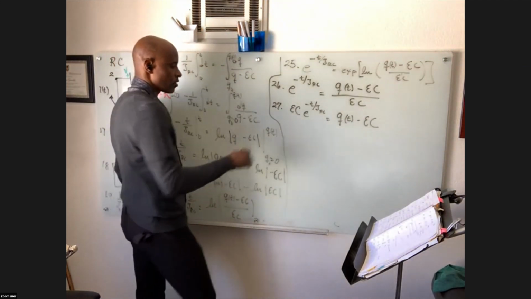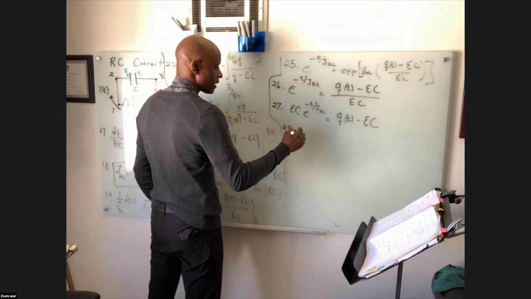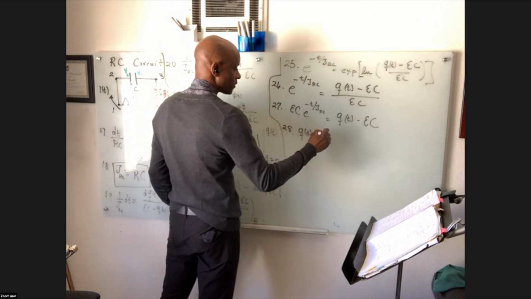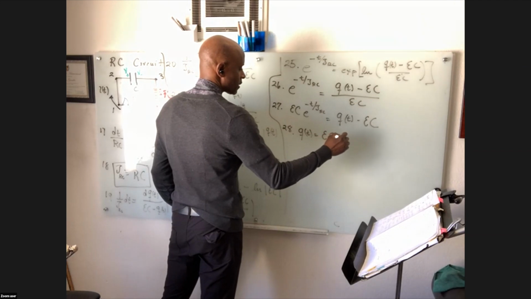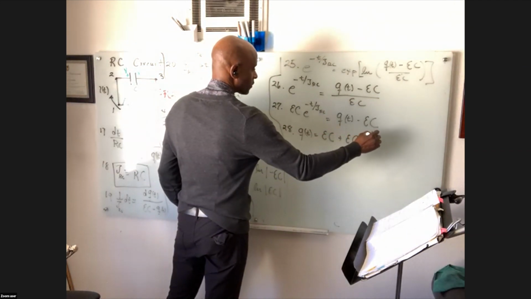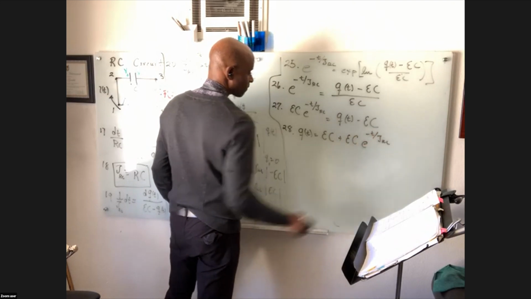And taking EC over, I've got Q of t is equal to EC plus EC e to the minus t over tau RC.